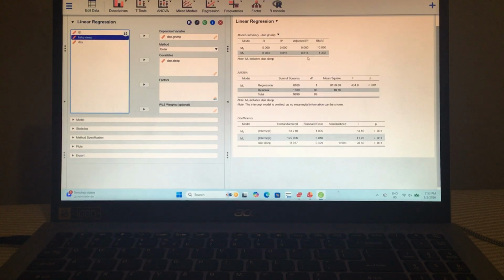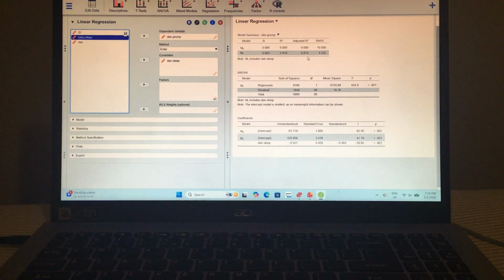Here, as we said, the value of the big R is the absolute value of Pearson's r, and the R squared is the same as our r squared, or coefficient of determination. That's what we saw in our last chapter when we learned about correlation.